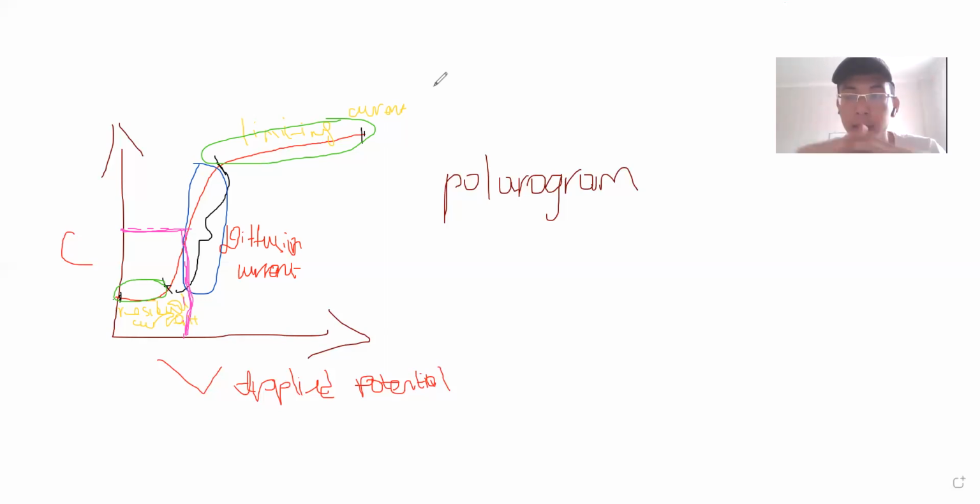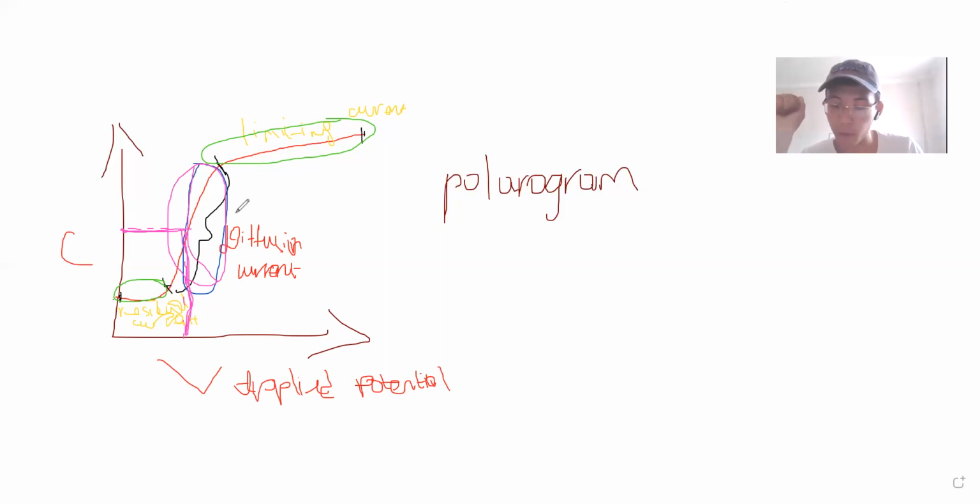Half-wave potential means half of the diffusion current. Can you see, guys? This is the full diffusion current, and this one is half the diffusion current, the half-wave current, because we only took half of it.